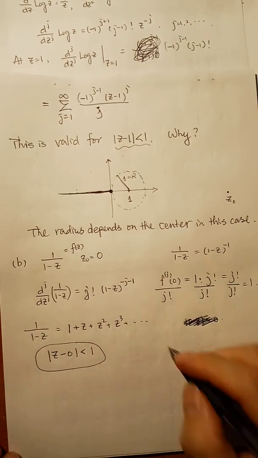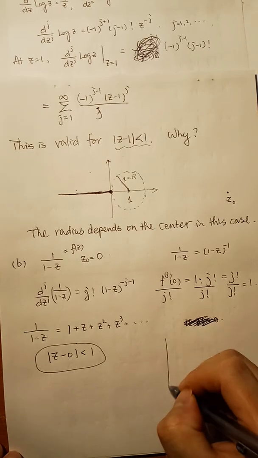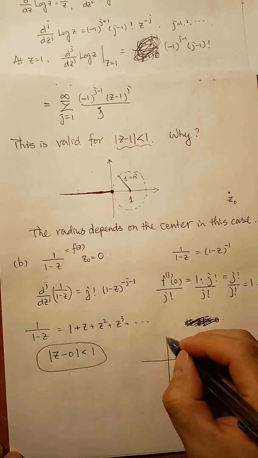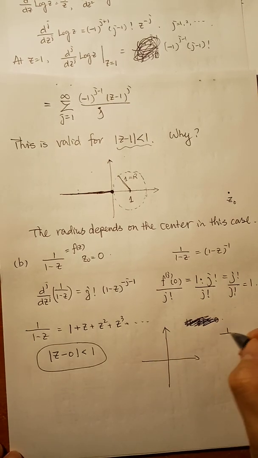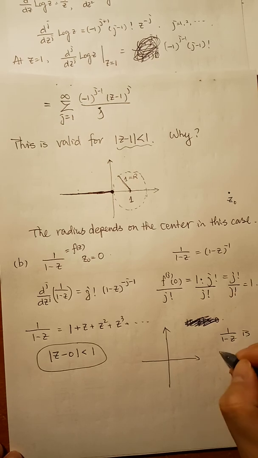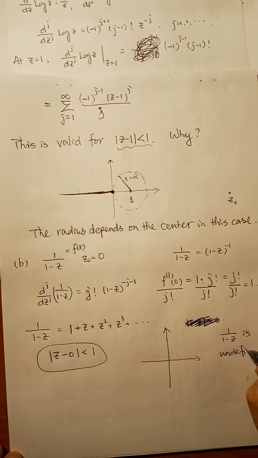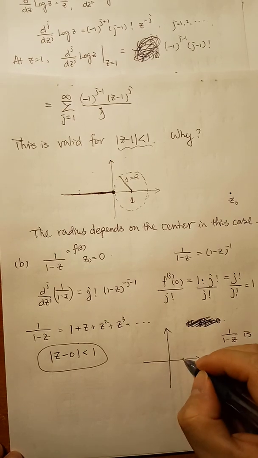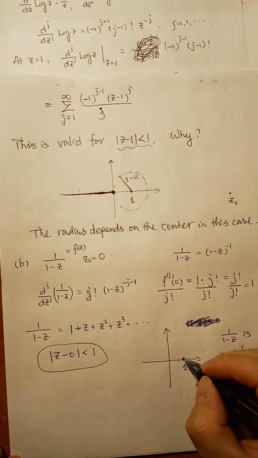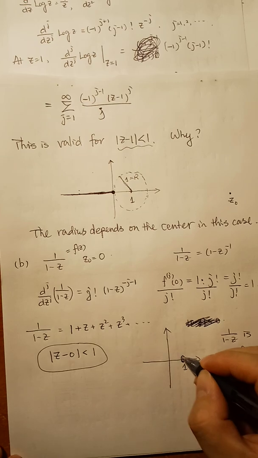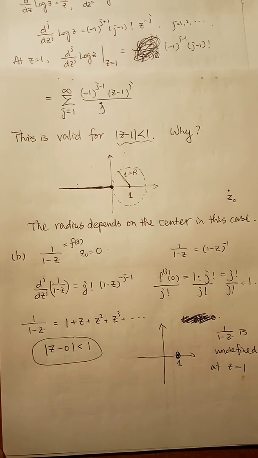The reason is the following. This function 1 over 1 minus z is undefined at z equal to 1. Only this point is a bad point. It's a pole.